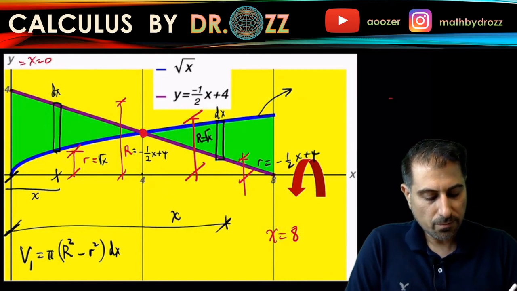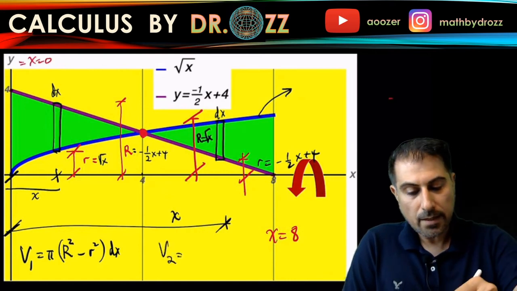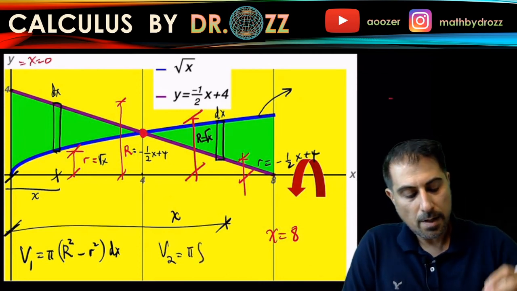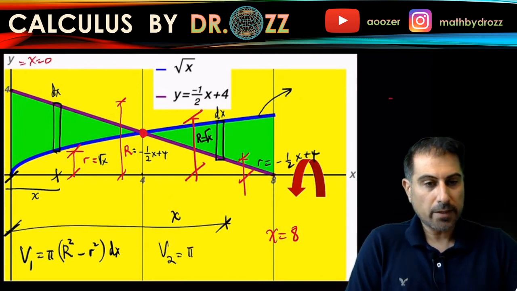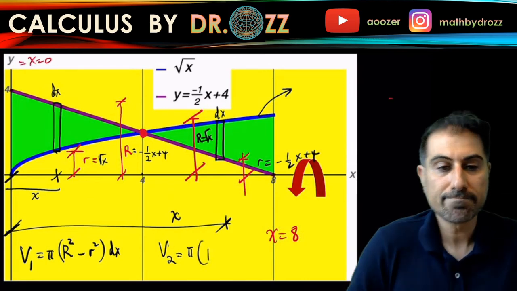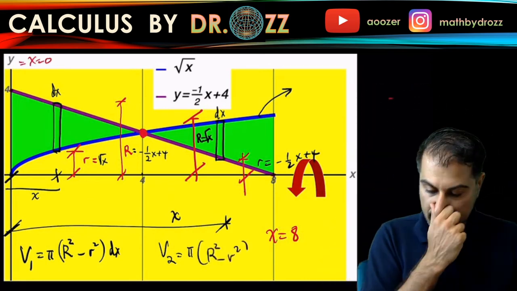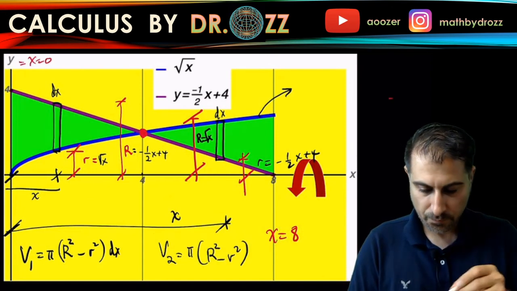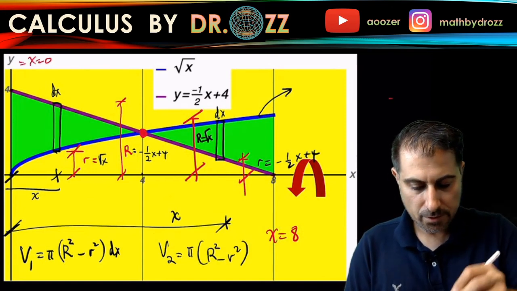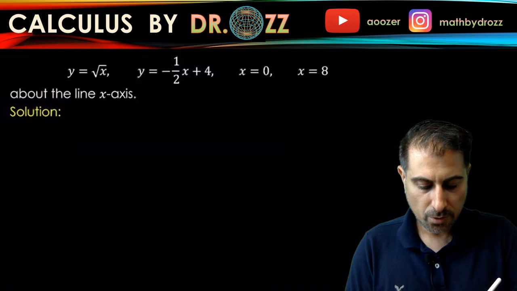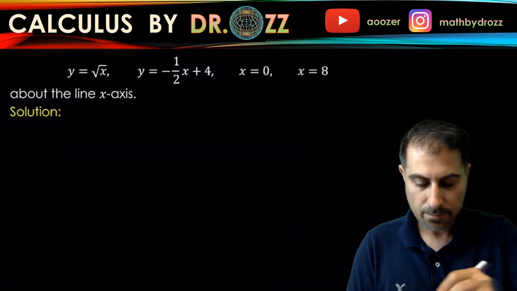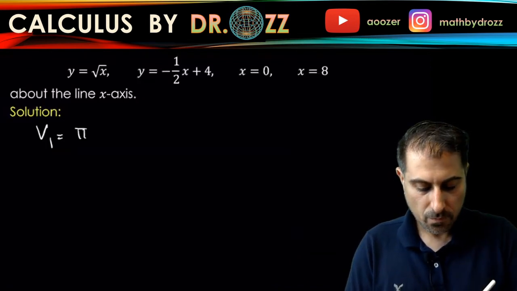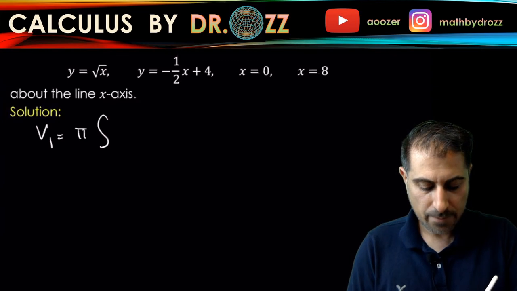Okay, so for volume 2, I'm going to use the formula pi times capital R squared minus little r squared. Okay, all right. So let me just write here two volumes, pi and pi.